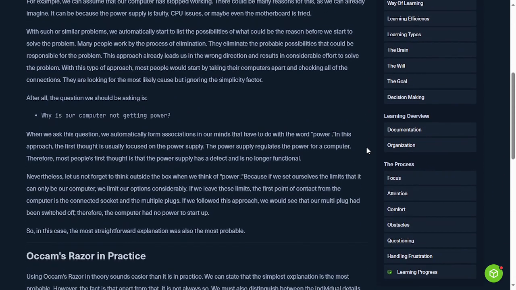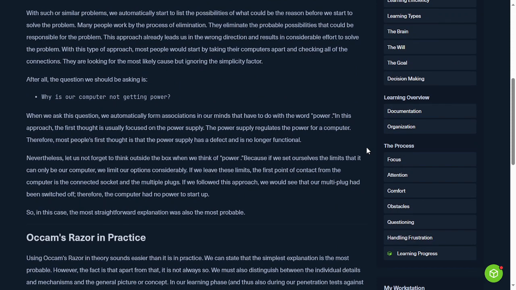With such or similar problems, we automatically start to list the possibilities of what could be the reason before we start to solve the problem. Many people work by the process of elimination. They eliminate the probable possibilities that could be responsible for the problem. This approach already leads us in the wrong direction and results in considerable effort to solve the problem.